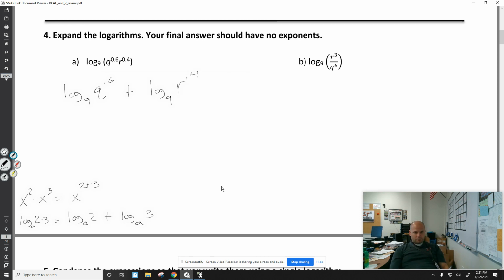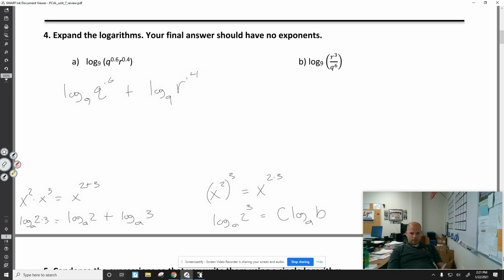Another property we're going to be using is the power to a power property. If you have a power to a power, you multiply the powers. This is x squared 3 times. This is x to the 6, x to the 2 times 3. Well, with logs, if I have log base a of b to the c, power to a power, we end up multiplying the powers. Now the c ends up coming in front of the log. Maybe I make this like 2 and 3 just so you're comfortable with it.